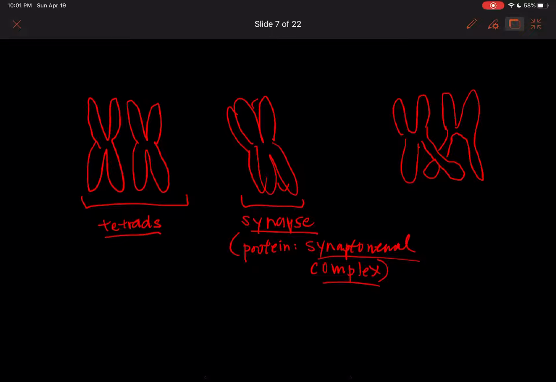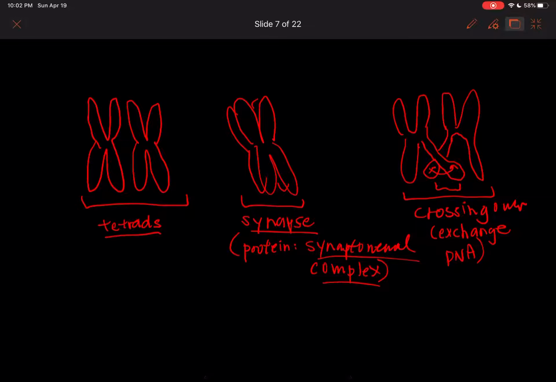So that's why you end up swapping the DNA between these 2 legs of chromosomes. Okay, so this is called crossing over. And you're exchanging DNA content between the homologous chromosomes.